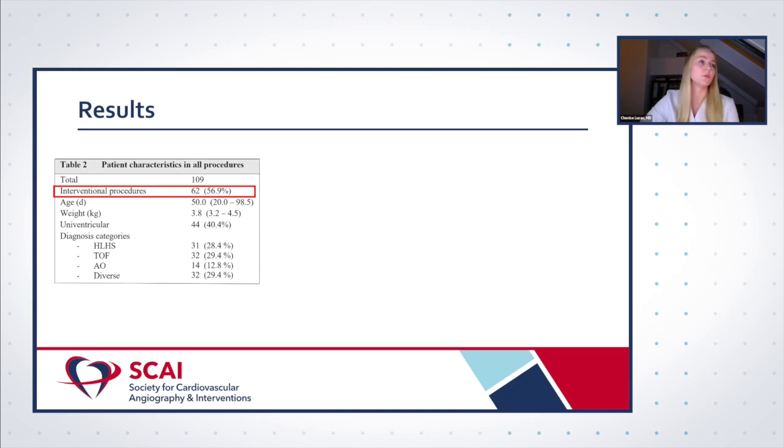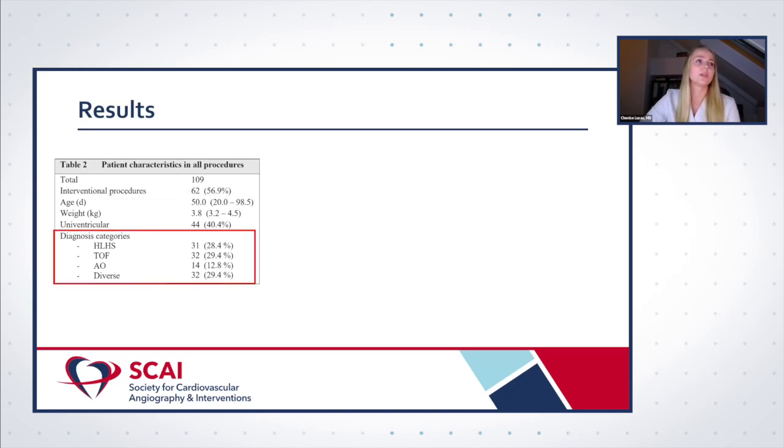To create an overview, we categorized the cardiac disorders into 4 main categories, and the most frequent diagnosis in our cohort was hypoplastic left heart syndrome, followed by Fallot-like abnormalities and aortic lesions.